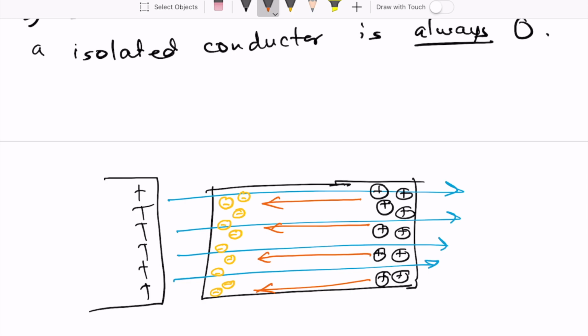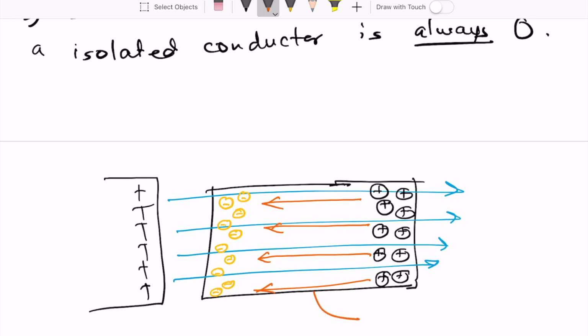Remember that since the free electrons have infinite freedom to move around inside this conductor, they will keep accumulating on the left of the conductor, and as a result of that there'll be more negative charges on the left, consequently more positive charges on the right, and the result of that is that the electric field will keep getting stronger and stronger. The internal electric field will keep getting stronger and stronger until it completely cancels out the external electric field.